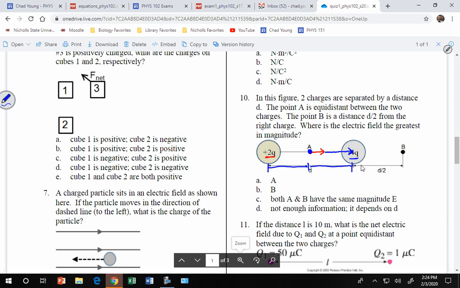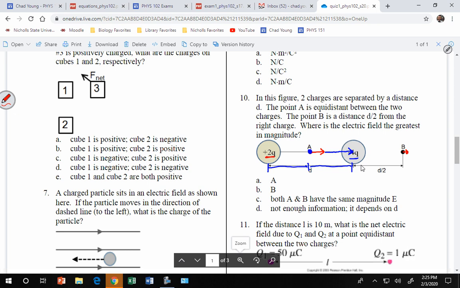Let's look at the other one. Due to the plus 2q, I feel a force that's opposite, that's repulsive, and it's going to be a lot smaller than I drew it over here. In fact, it's going to be 1/9 what I drew over here, because this is one distance from here to here, and I have 1, 2, 3 times that distance from here to there.